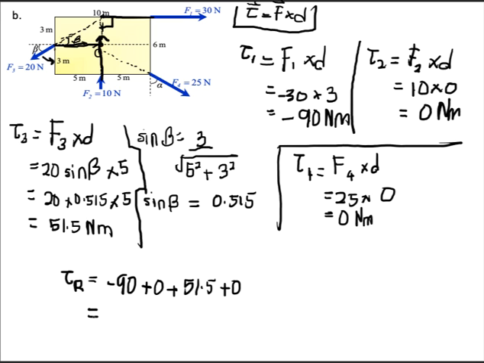So you will obtain a resultant torque of negative 38.5 Newton meter. Here is the magnitude. Remember, you also have to state the direction of torque. Since you obtain a negative value, negative is for clockwise direction.